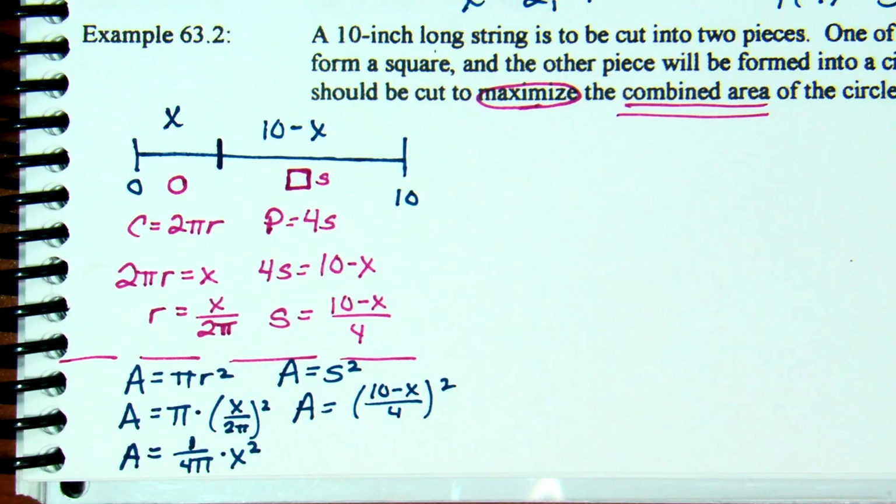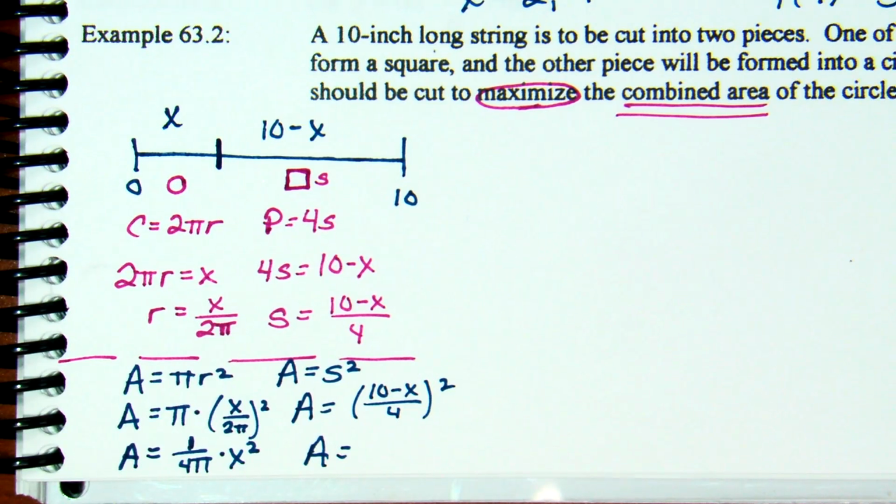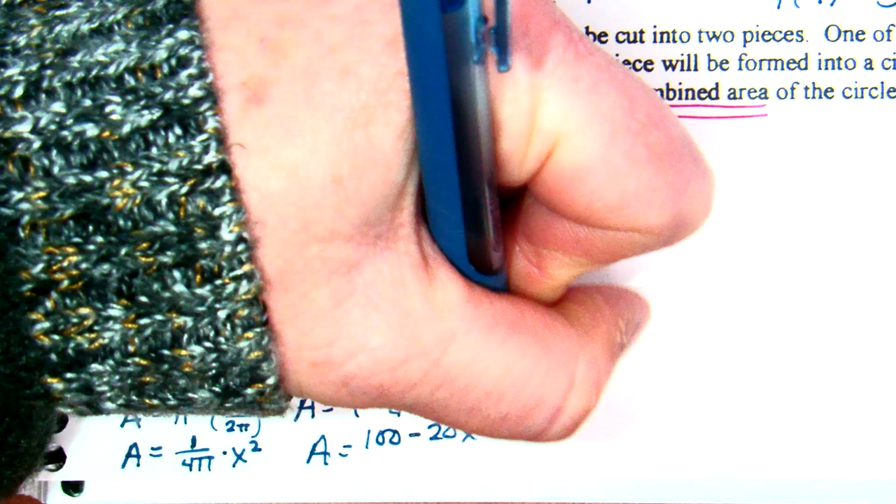You took that challenge right on. Okay, 10 minus x, when you square that, you're foiling, yes? Don't just tell me 100 plus x squared. It's 100 for your first, minus 10x is going to be minus 20x, plus x squared, all over 16.